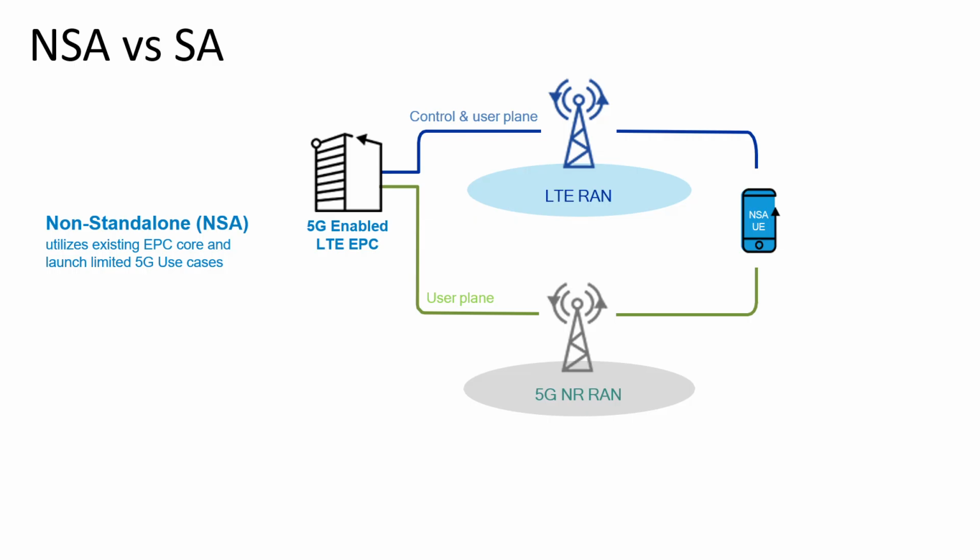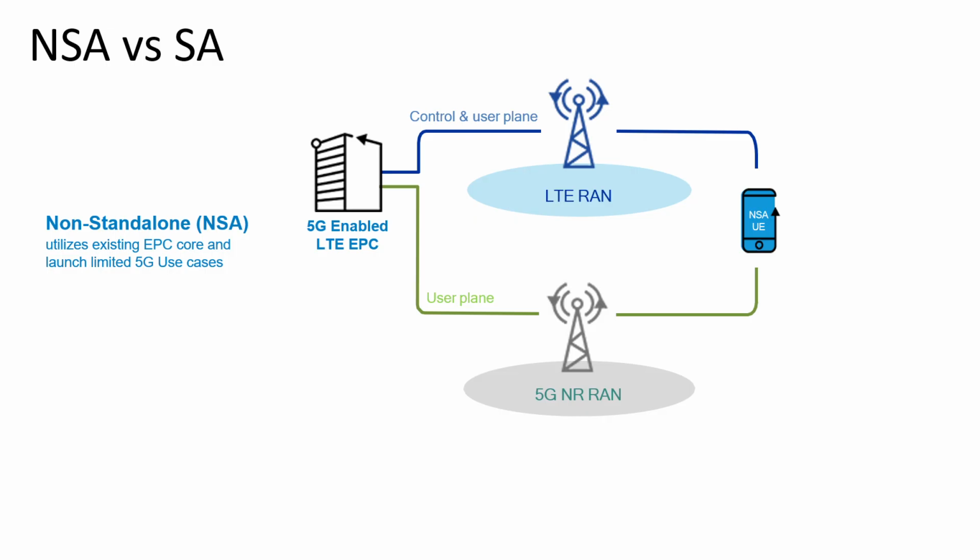Now let's understand the payload piece, which is the user plane. For the user plane, there will be a direct connection from the S gateway to the new radio. There will be S1-U connectivity between the S gateway and the new radio for the actual payload traffic. So the signaling will be via the underlying eNode B, but the payload will be via direct connectivity between the S gateway and the new radio towards the user.